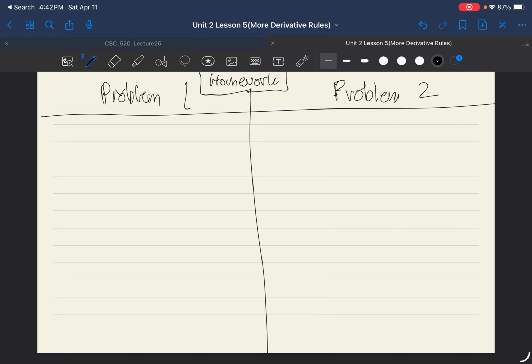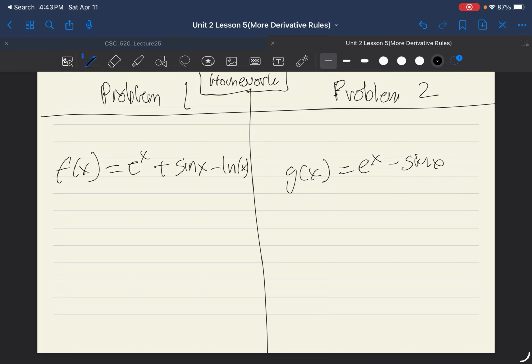The first one, we'll call this f of x and we'll call this g of x. 2 most standard functions you're going to see. We're going to call this e to the x plus sine of x minus ln of x. Then we'll do e to the x minus sine of x plus cosine of x.